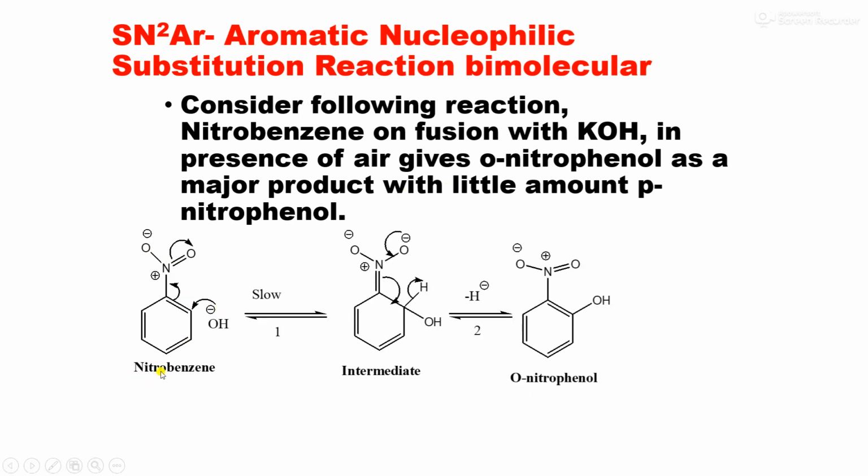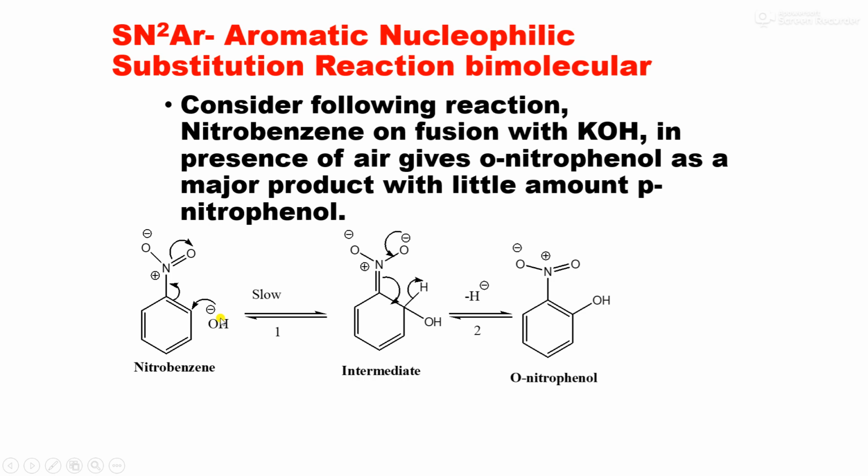This is nitrobenzene, and on nitrobenzene, this hydroxide ion, this nucleophile, tries to attack on aromatic nucleus. It attacks the ortho position with respect to nitro group. This pi bond gets shifted towards the nitro group, and this double bond gets shifted on oxygen atom.